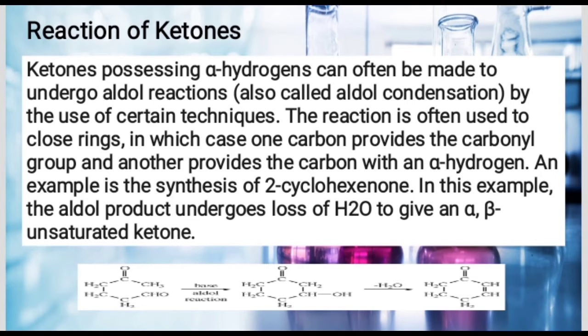An example is the synthesis of 2-cyclohexenone. In this example, the aldol product undergoes loss of H2O to give an alpha,beta-unsaturated ketone. So below it is the example of the synthesis of 2-cyclohexenone.